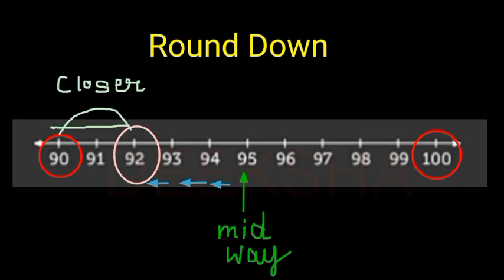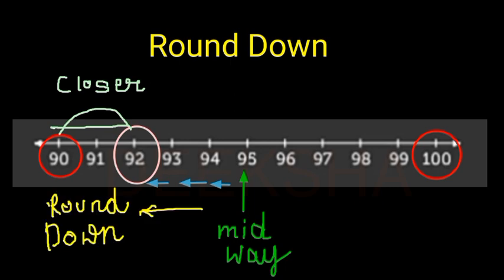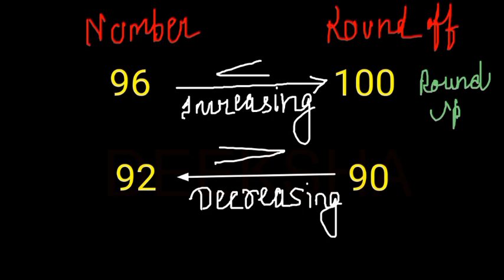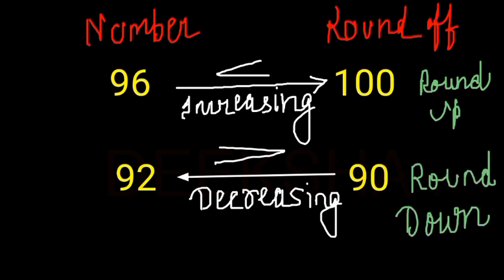So we will round it down. So from these two examples, it is clear that if after rounding the number is increasing, we say that we rounded up the number, and if the number is decreasing, we say we have rounded down the number.